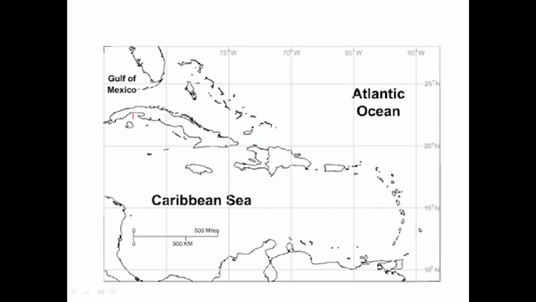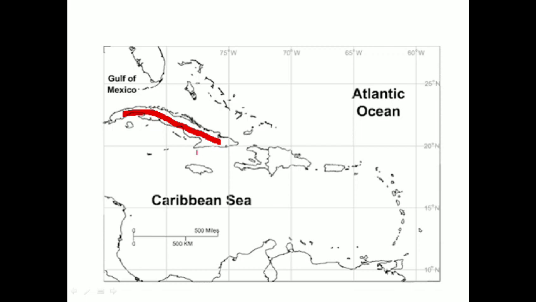This is what we call the Caribbean countries, including Cuba. This is the Caribbean Sea, and the biggest island in this region is Cuba.